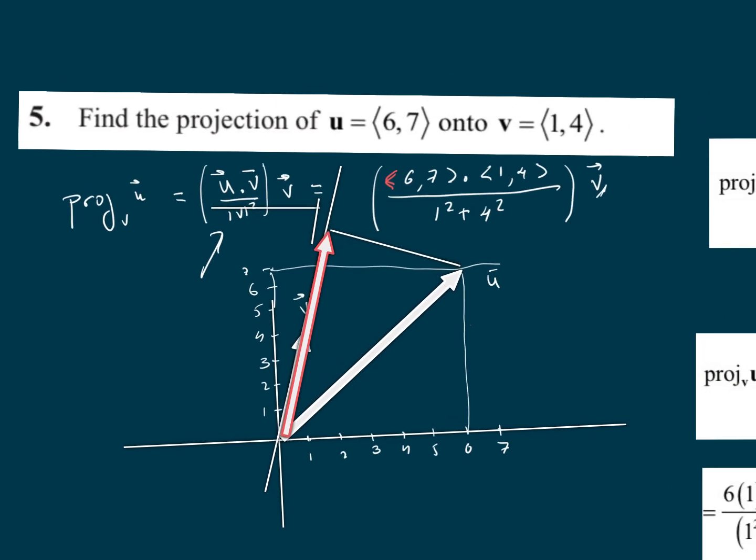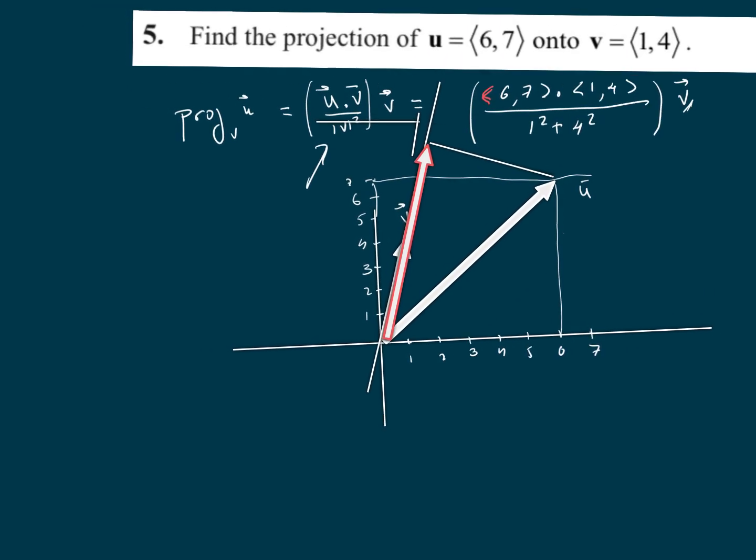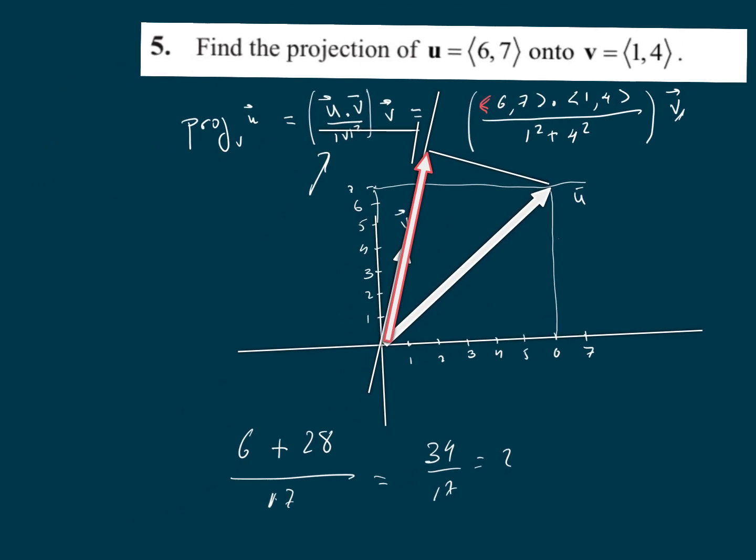If we do the dot product, 6, 7 multiplied by 1, 4, it's 6 multiplied by 1 plus 7 multiplied by 4, divided by 1 squared plus 4 squared. 1 plus 16 is 17. So 6 plus 28 is 34. Divided by 17, this is 2. So the projection is 2 times v.